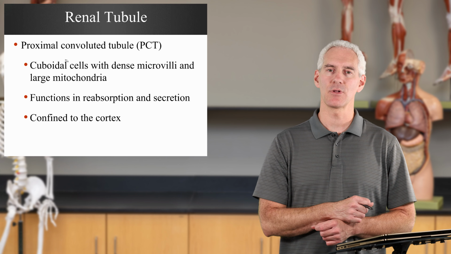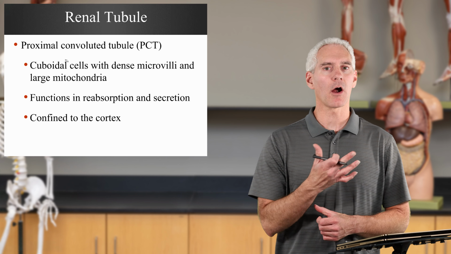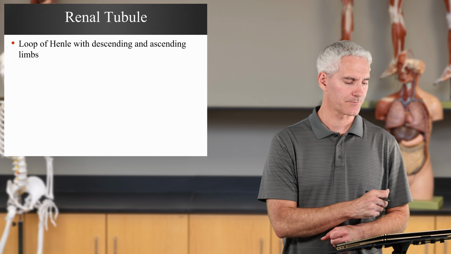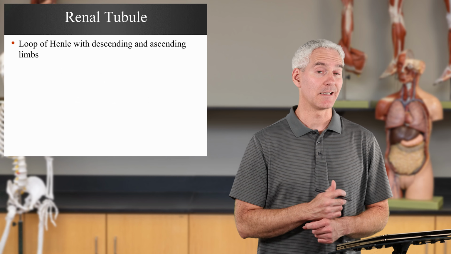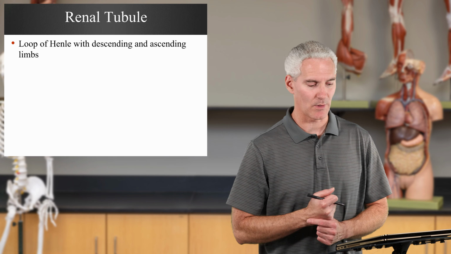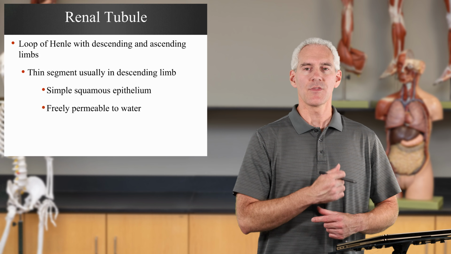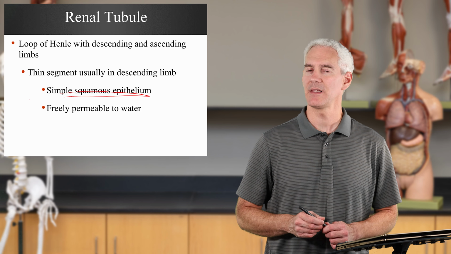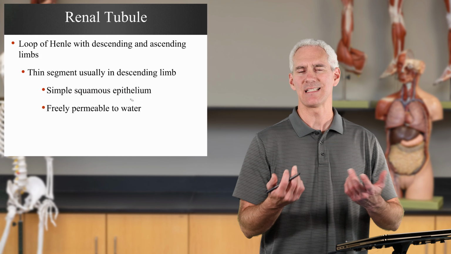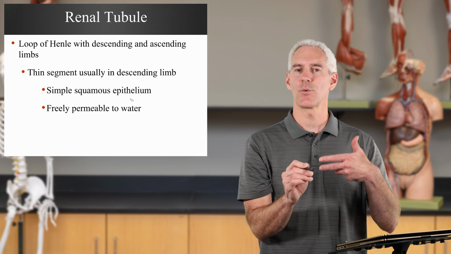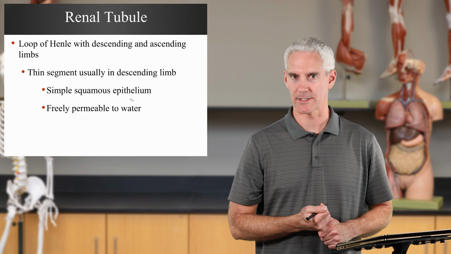Now these proximal convoluted tubules are always found in the cortex. You're not going to find these in the medulla. But the loop of Henle, that can be found in the cortex and down in the medulla as well. The thin segment, a lot of times simple squamous epithelium, is usually part of the descending limb. So as you're going down the loop of Henle, that's where you're freely permeable to water.